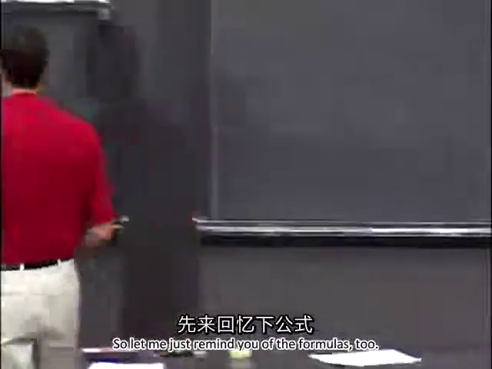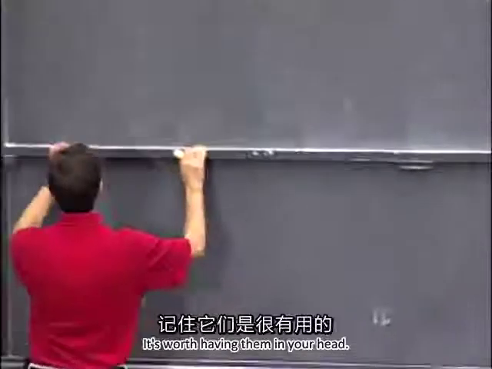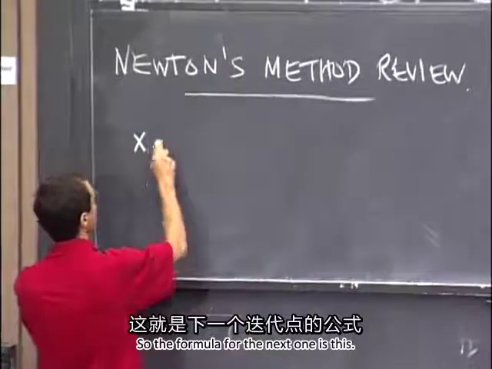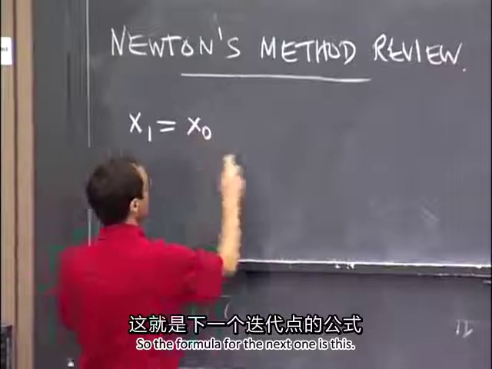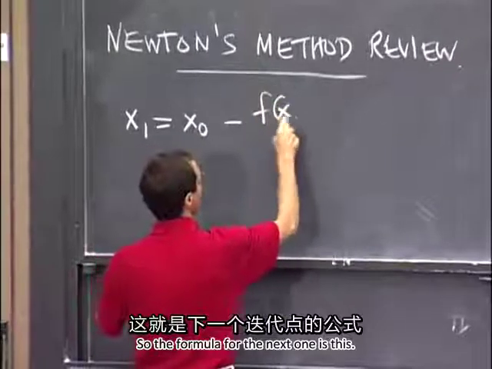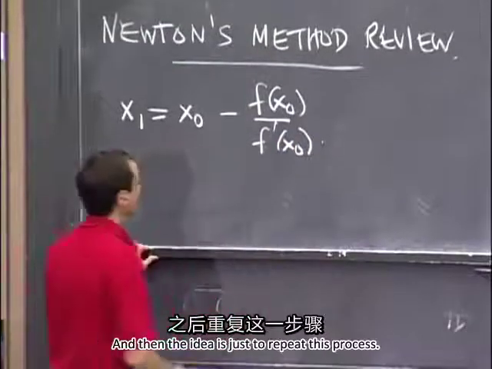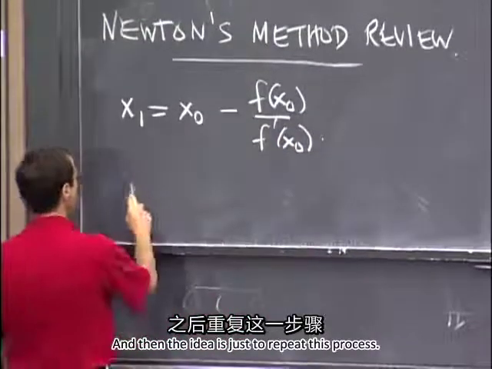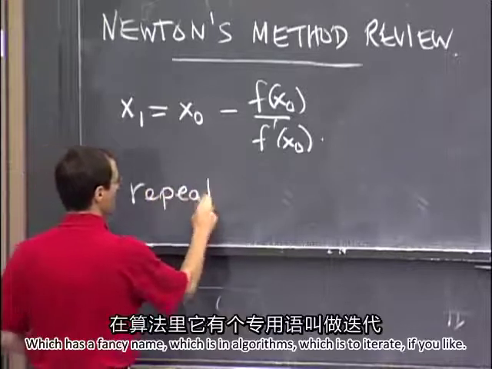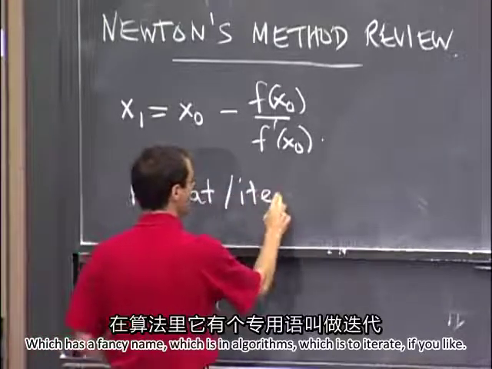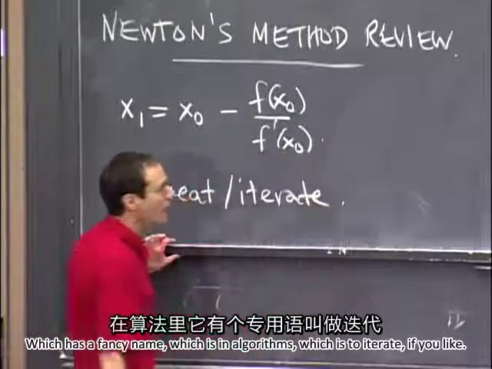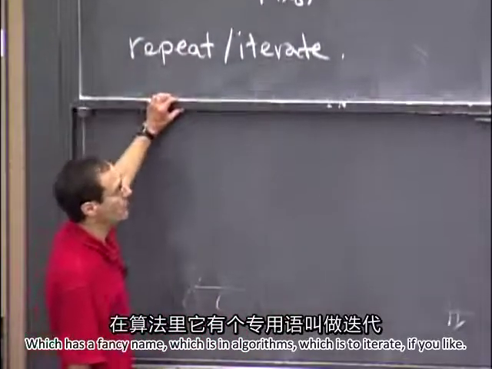So let me just remind you of the formulas too. It's worth having them in your head. So the formula for the next one is this. And then the idea is just to repeat this process, which has a fancy name in algorithms, which is to iterate, if you like.